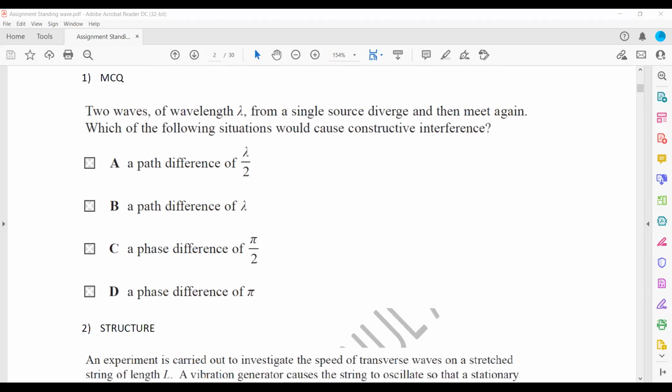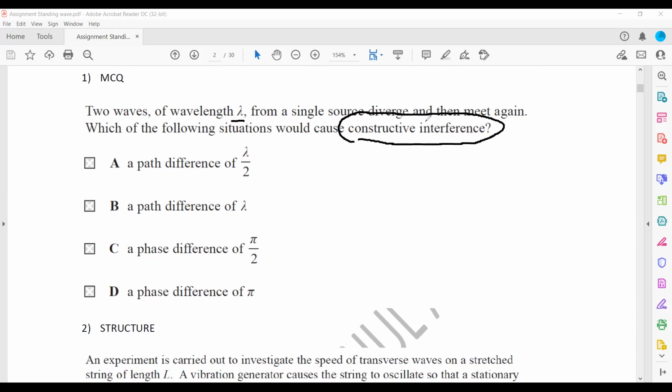In the first part, two waves having a wavelength of lambda from a single source diverge and then meet again. Which of the following situations causes constructive interference? Constructive interference means when they increase the effect of each other.